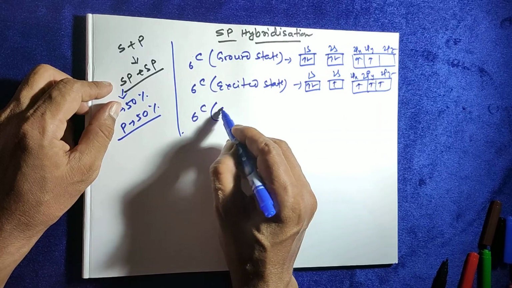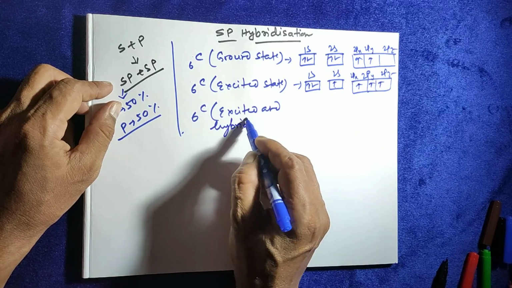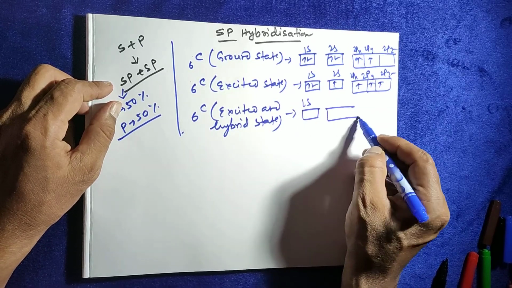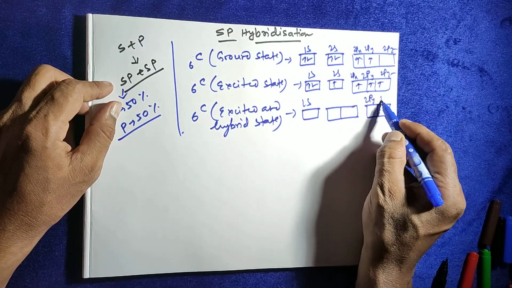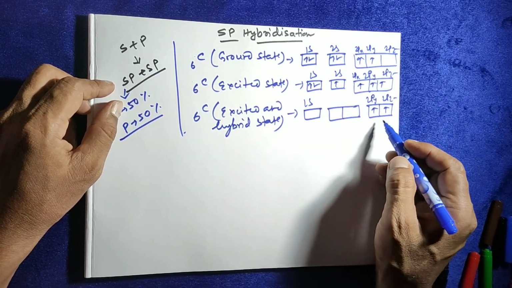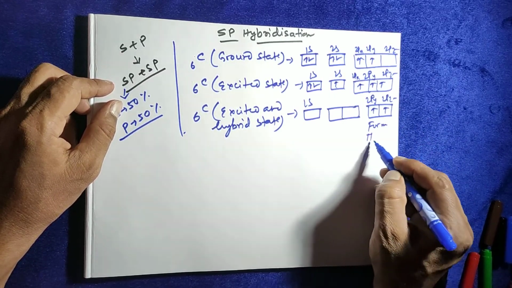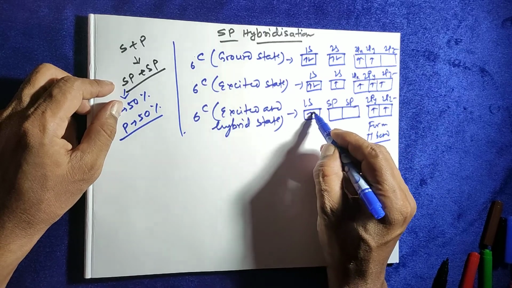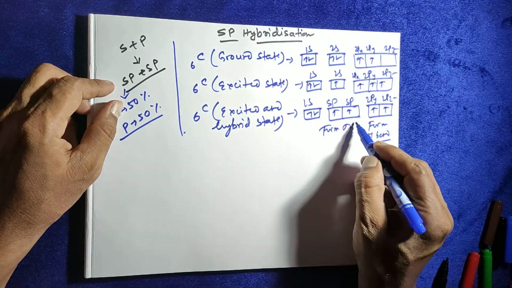Now carbon in the excited and hybrid state has 1s, and 2py and 2pz, which are unhybridized orbitals and form pi bonds. This is sp, this is also sp, and they form sigma bonds.